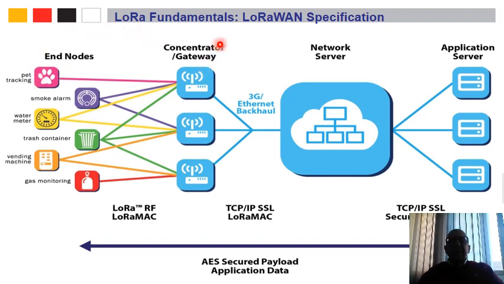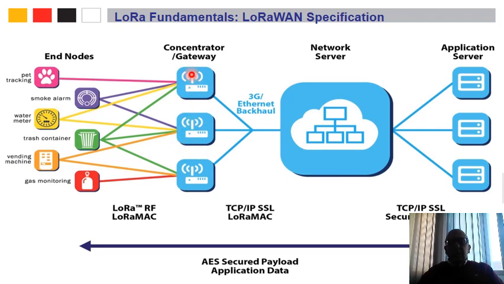The main difference between LoRa and cellular, where the gateway is equivalent to a base station, is that the LoRa sensor does not need to register with the base station. It just sends. So if you look at this example of the smoke alarm application, you can see that the LoRa device will send its data, and because it's long range, it might be received by concentrator number 1 and concentrator number 2.